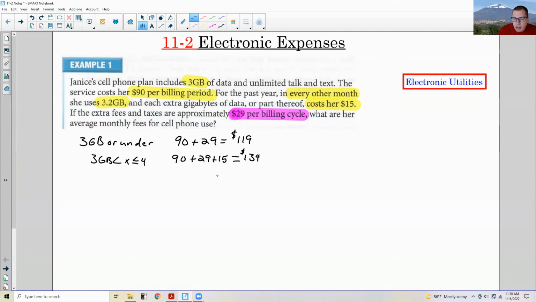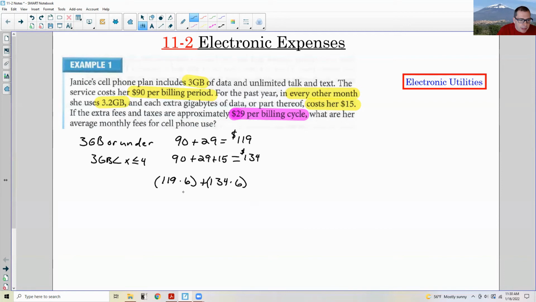Okay, and it says that she uses 3.2 every other month and 3 gig every other month as well. So now to solve this problem, to find out what it costs her annually, it's $119 times 6 months plus $134 times 6 months.